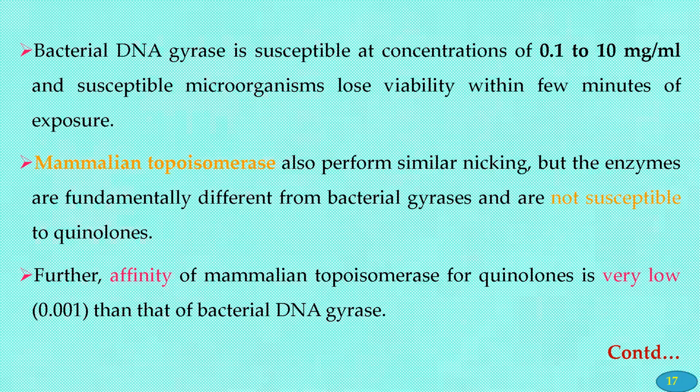The affinity of the mammalian topoisomerase for quinolone is very, very low, 0.001 that of the bacterial DNA gyrase. The fluoroquinolones will adhere to the bacterial DNA gyrase very easily compared to the mammalian cells, and the structure of the topoisomerase is also totally different.